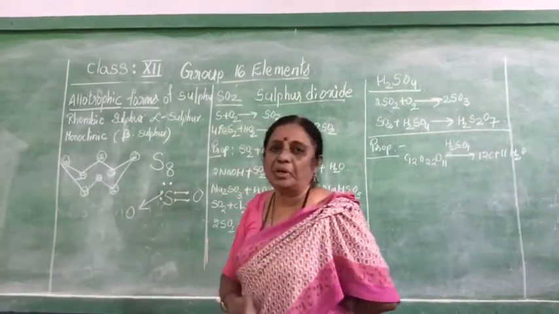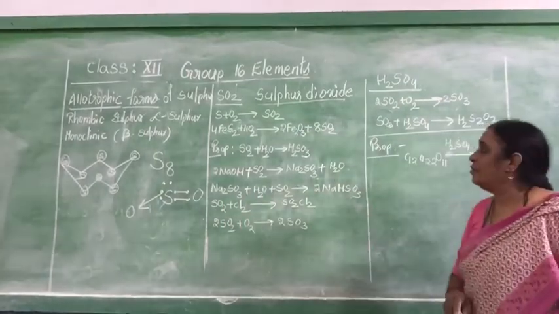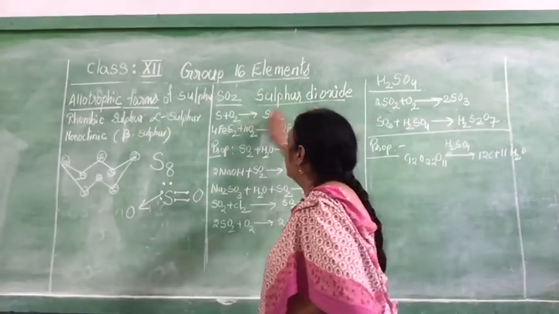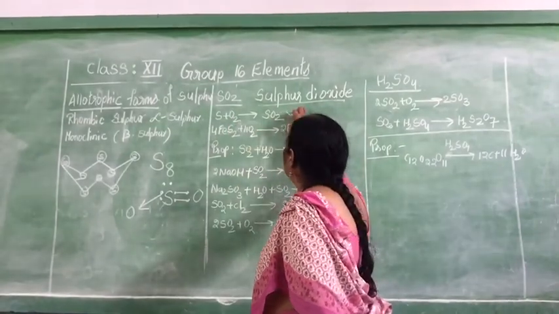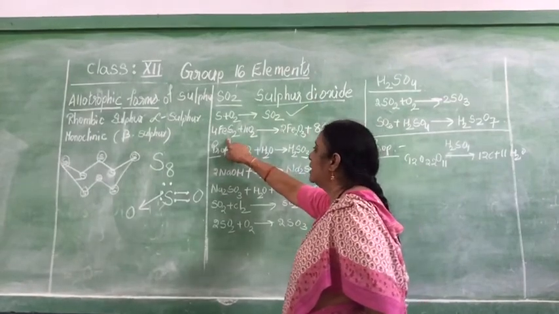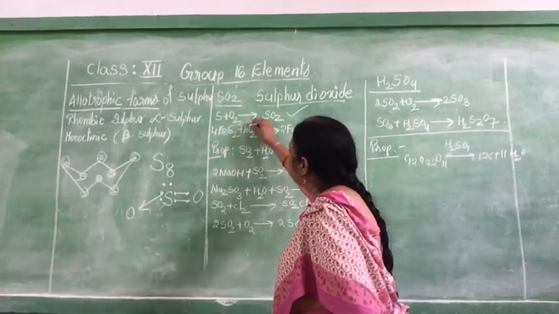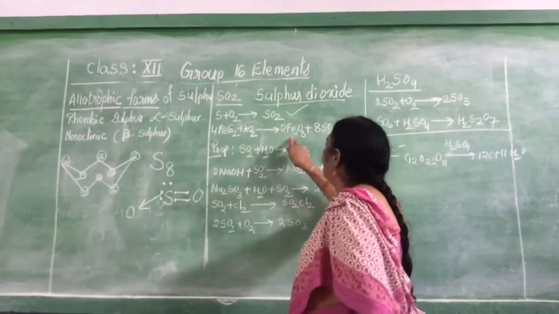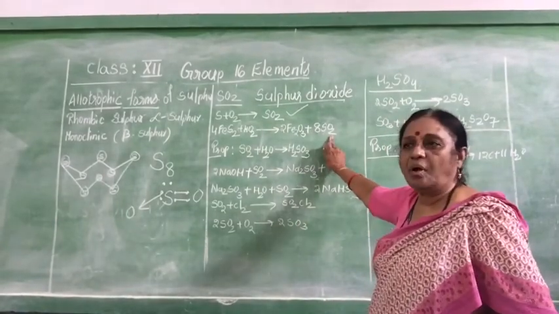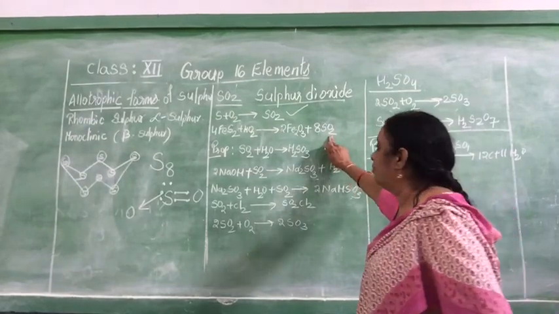Now preparation of sulfur dioxide. Sulfur reacts with oxygen to form sulfur dioxide. Also iron sulfide, when it is treated with oxygen, gives Fe2O3 and 8 moles of sulfur dioxide are formed.